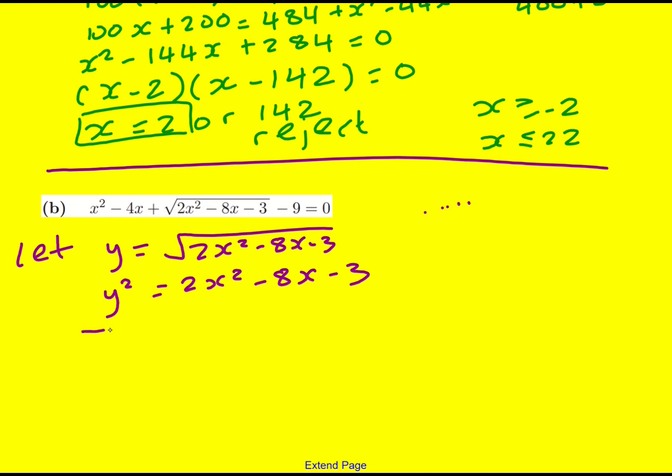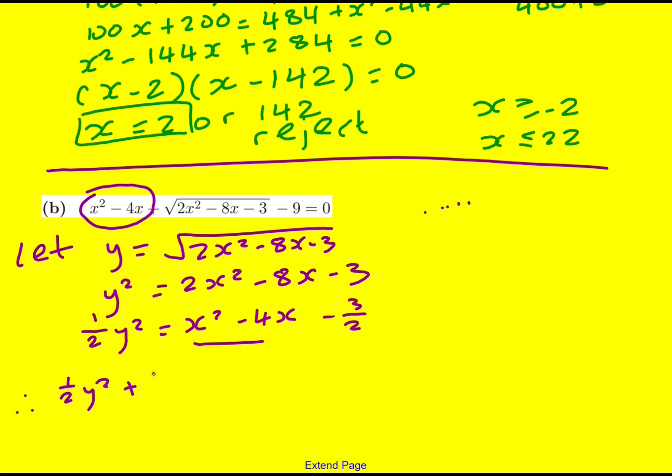And half y squared is then going to be x squared minus 4x minus 3 over 2. So I can replace this by, therefore, a half y squared plus 3 over 2 plus y minus 9 equals 0. Suddenly that is a lot simpler.